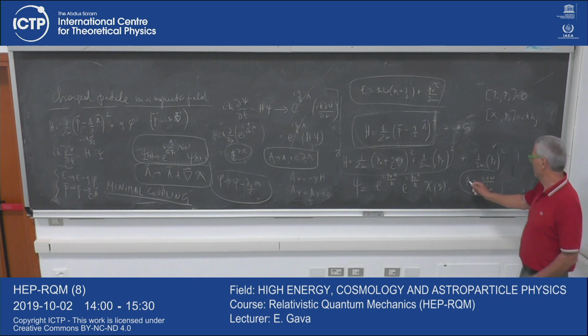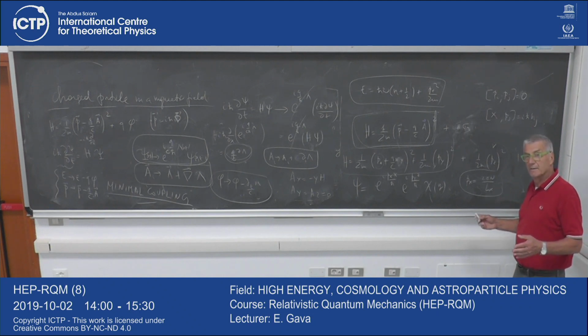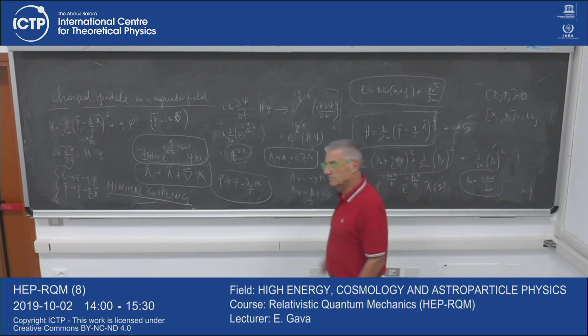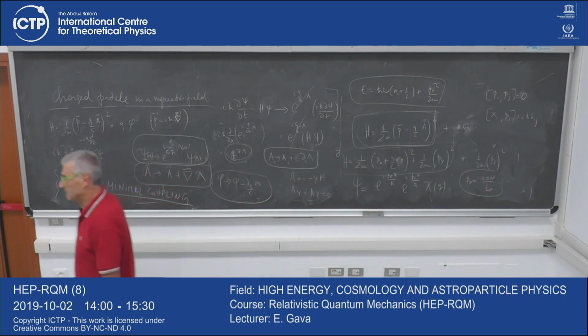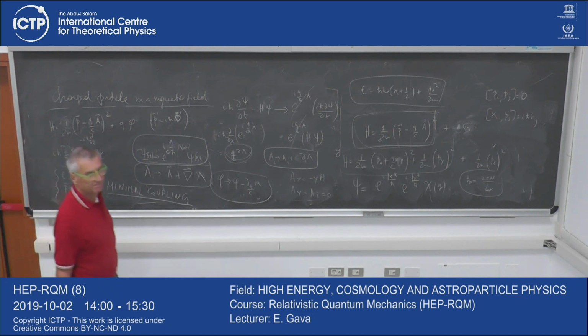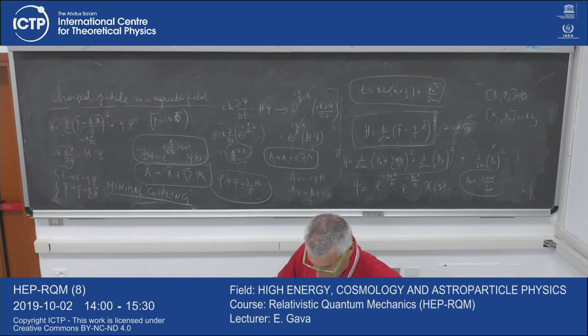Because if you write px in this way, capital N can be arbitrarily large, right? But if you say that I'm confined also in the y direction, then this gives a finite number of states. So there will be an upper bound on N. This is what one does, I think. Right, so that's it.